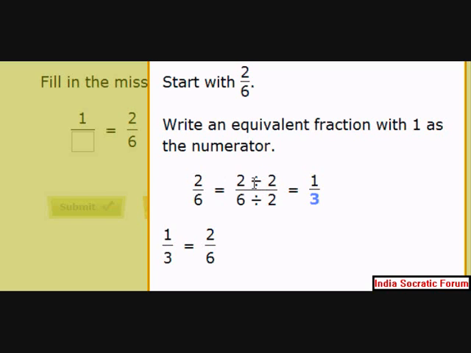Divide the numerator by 2, divide the denominator by 2. So 2 divided by 2 is 1. Therefore 6 divided by 2 is 3. The answer, the proportion of 2 by 6 is 1 by 3.